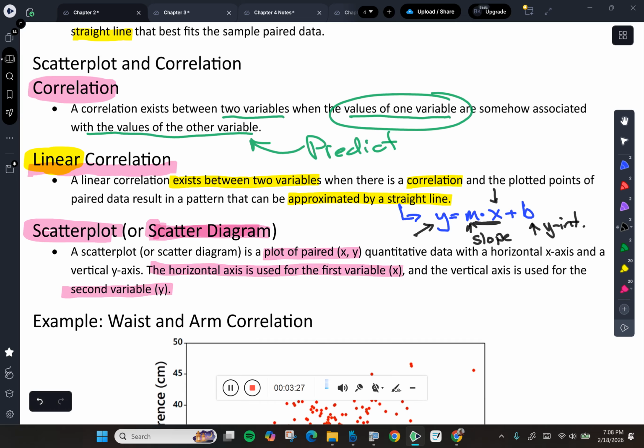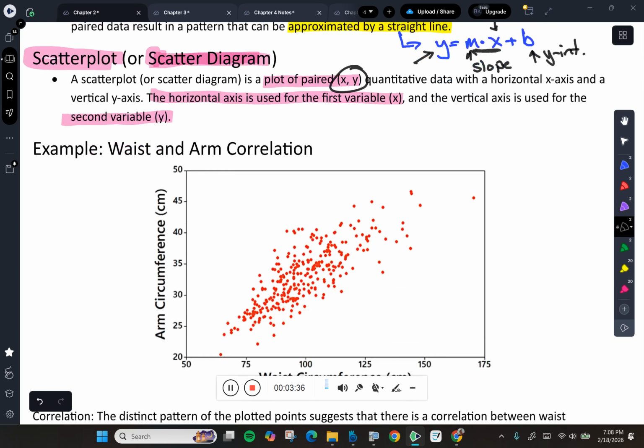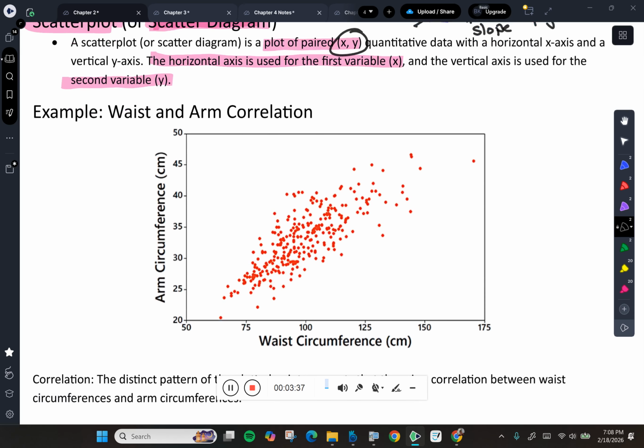We tend to talk a lot about x's and y's because when we speak generically about plotting values, we tend to talk about x's and y's. It doesn't have to be x's and y's. We just tend to use a lot of algebra-based language, horizontal is x, vertical is y, because that's where algebra has made us comfortable.